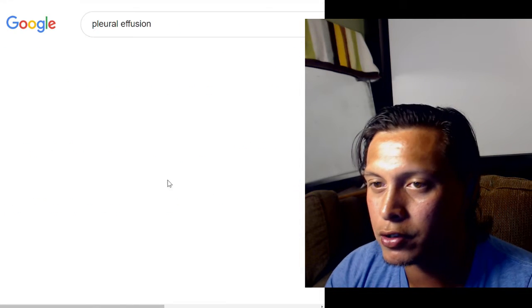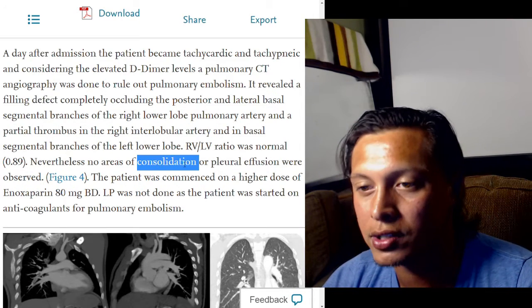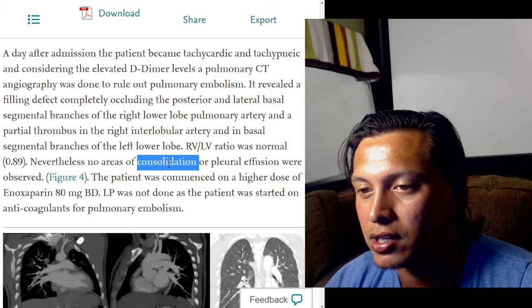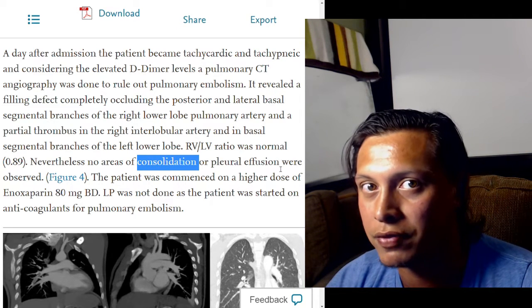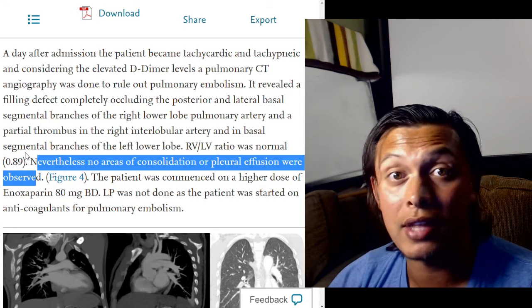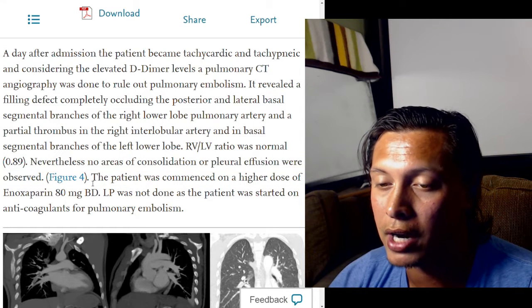I forgot what pleural effusion is. Yeah, so there was no water in the lungs, no consolidation and no pleural effusion. So none of the ground glass opacities, none of the water was filling the parts of the lungs. So that's good at least that the normal symptoms of COVID-19 were not there.